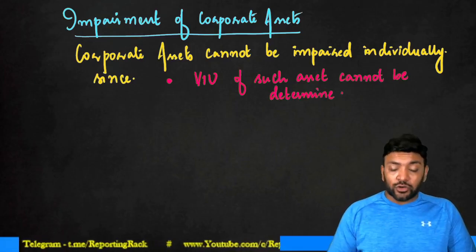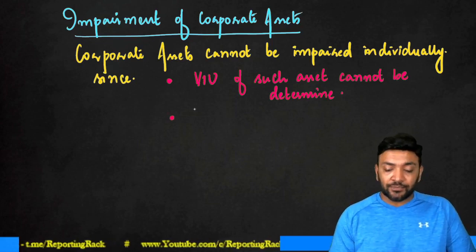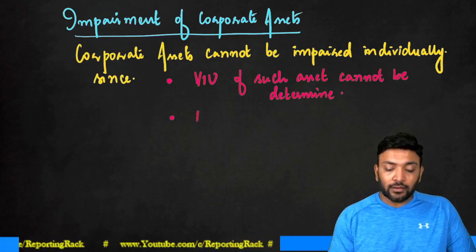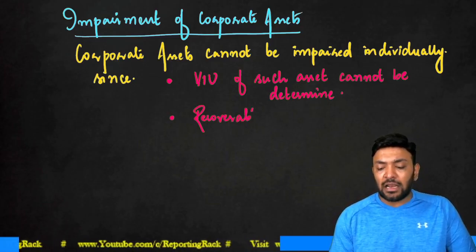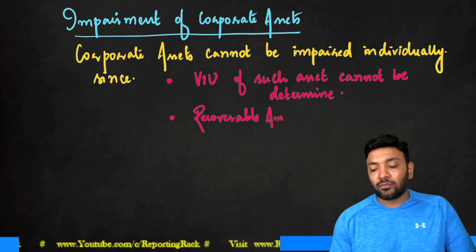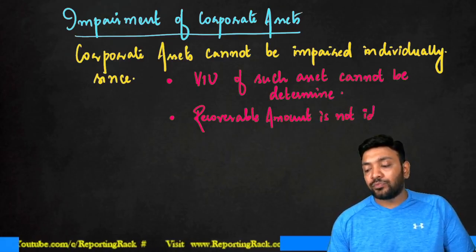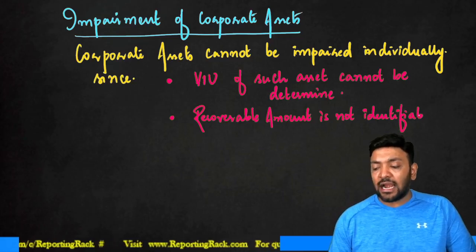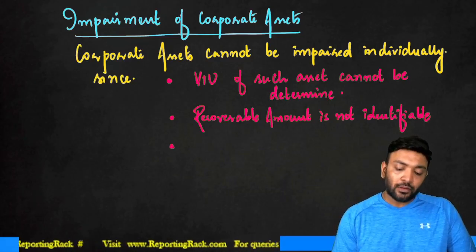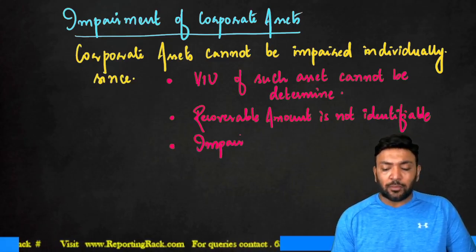Since value in use cannot be determined, as a consequence, recoverable amount is not identifiable. Since recoverable amount is not identifiable, impairment is not measurable.